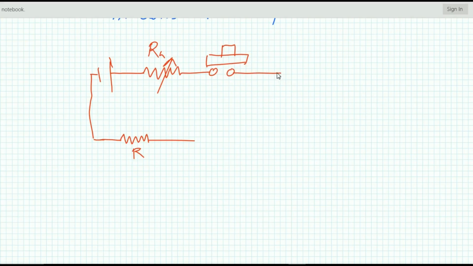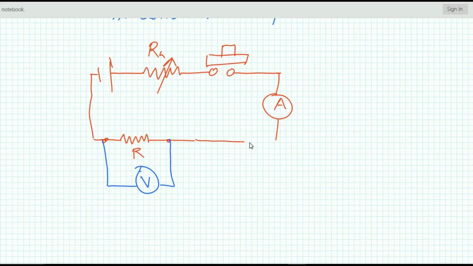After that we will connect an ammeter to get the current reading, and also a voltmeter across this resistor to get the reading of potential drop, that means the IR drop across this resistor. And I will complete this circuit like this.